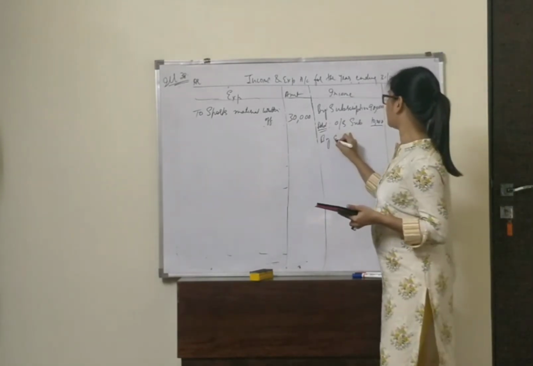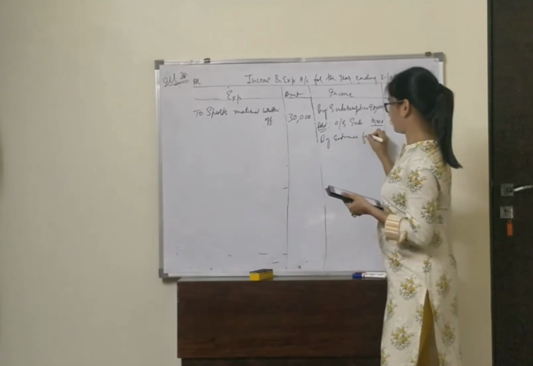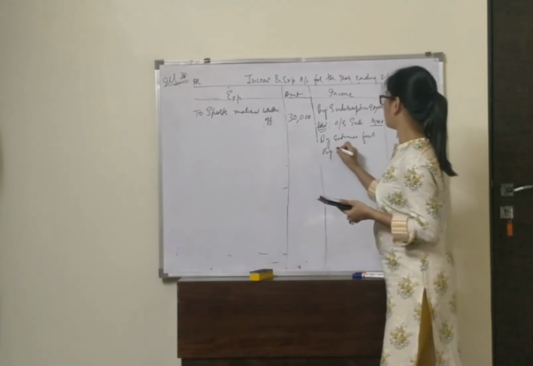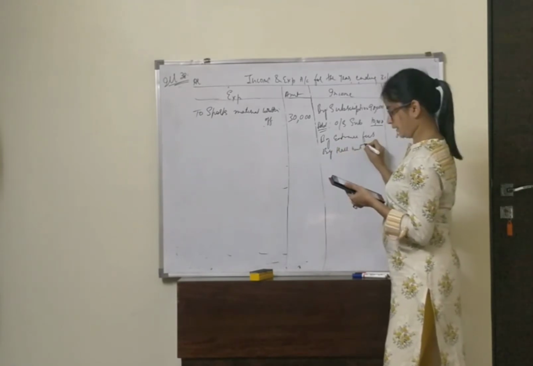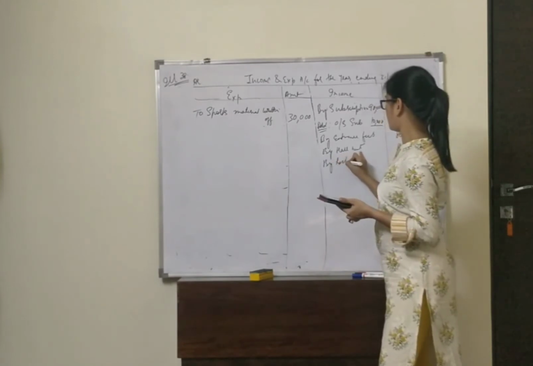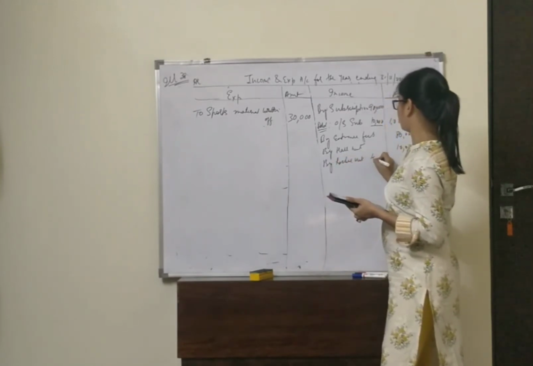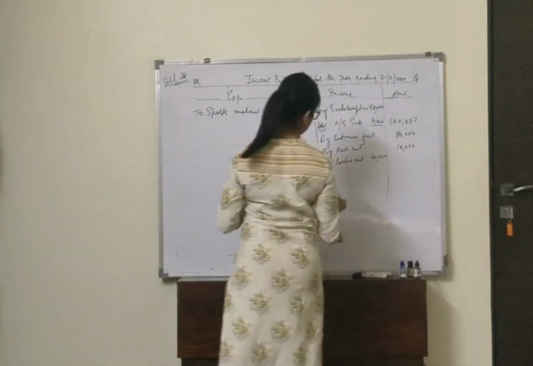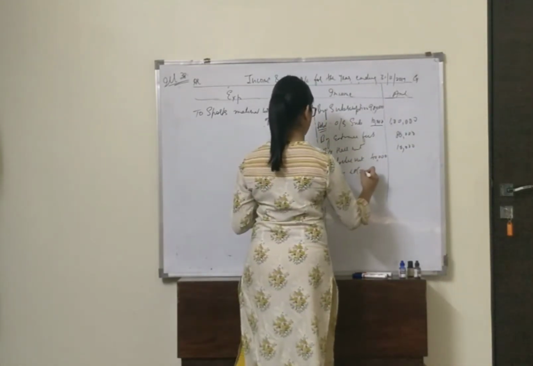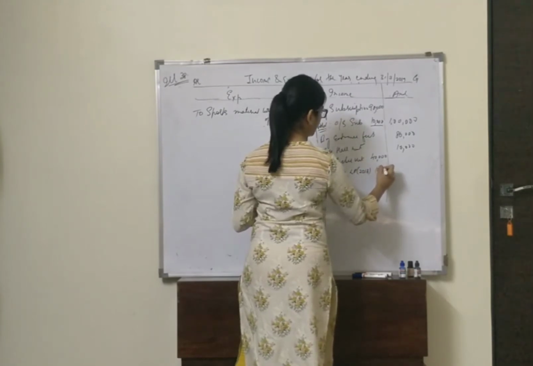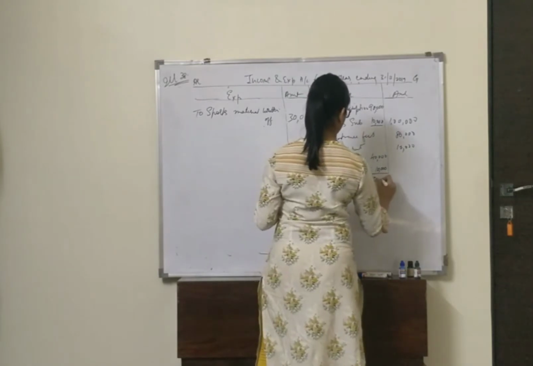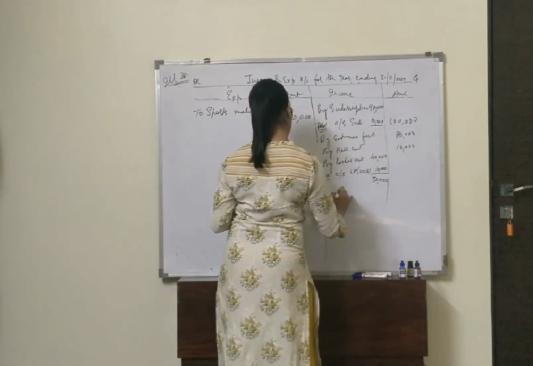Next we have by entrance fees 80,000. By hall rent 10,000. By locker rent. How much is it? 40,000. Less outstanding locker rent of 2018. In the bracket in the locker rent they have given us 10,000. So we get 30,000.